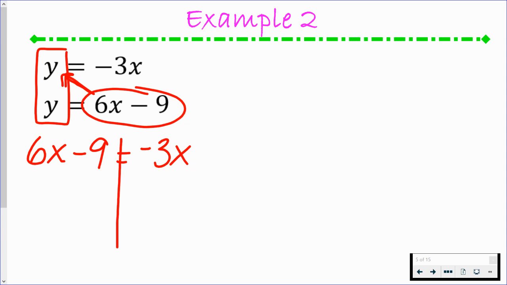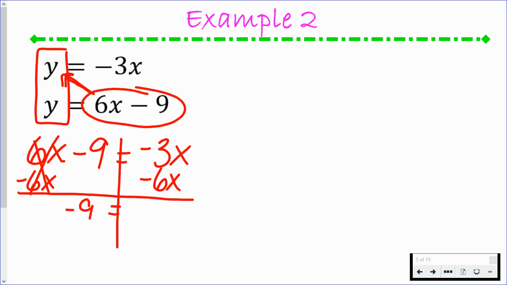I'm going to choose to move this 6x to the other side. 6x minus 6x cancels out, bringing down negative 9 equals negative 3x minus 6x. When you combine them together, you get negative 9x. Now to get x by itself, I'm going to divide by negative 9. Negative 9 divided by negative 9 gives me positive 1.